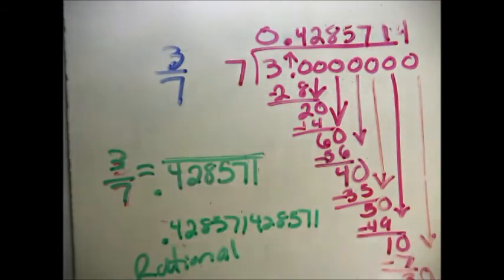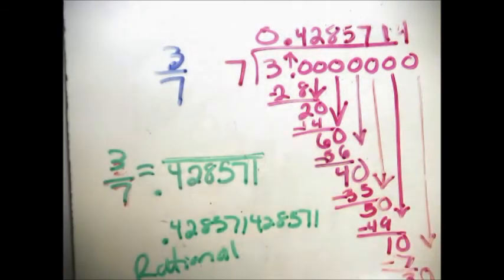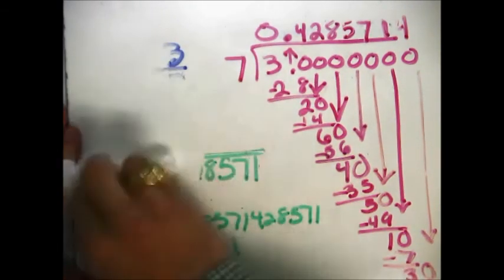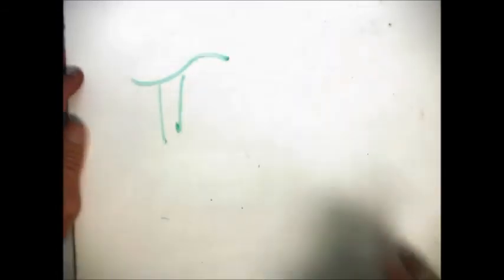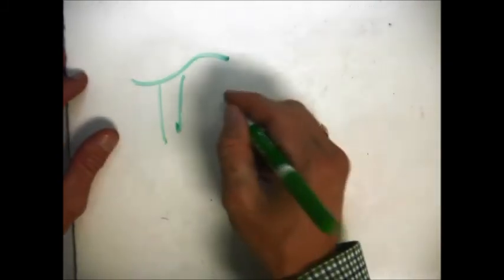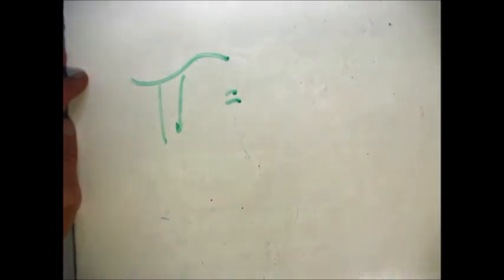It's a rational number. Now, let's give you a number that's not rational. Here is a number that is not rational. For example, pi. Pi, when you divide it, the number continues to go on and on and on forever.